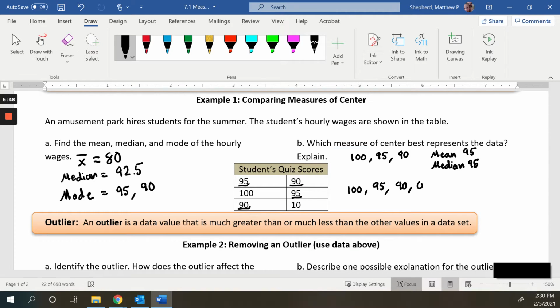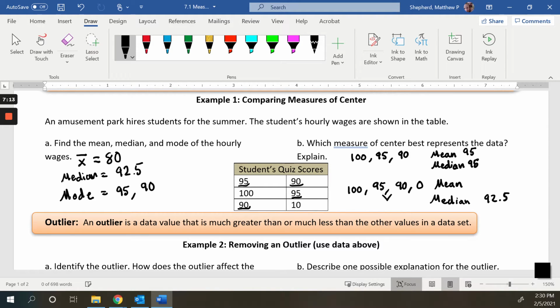So let's say there was a 4th test, he got a 0 on it. All right, so the median is now going to change. We just have to find the average of 90 and 95, which is just going to be 92.5. So the median didn't change much.